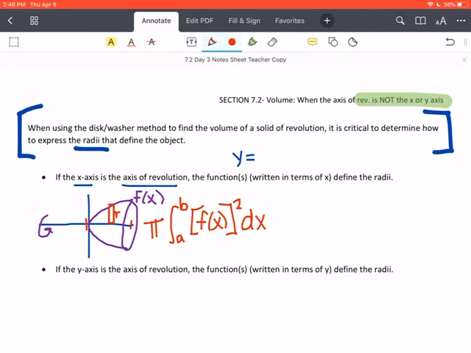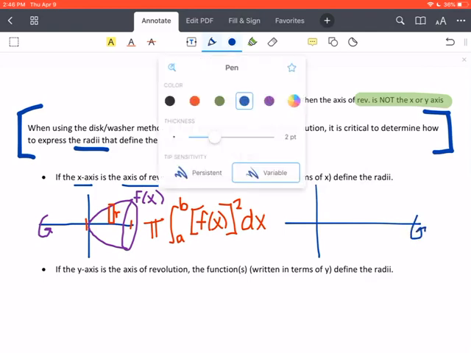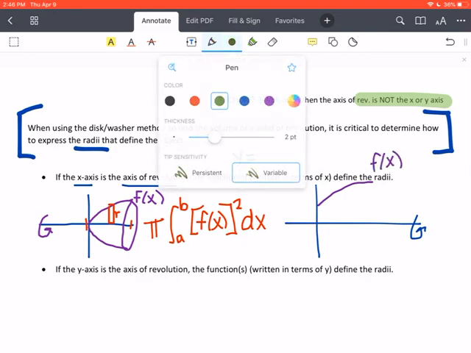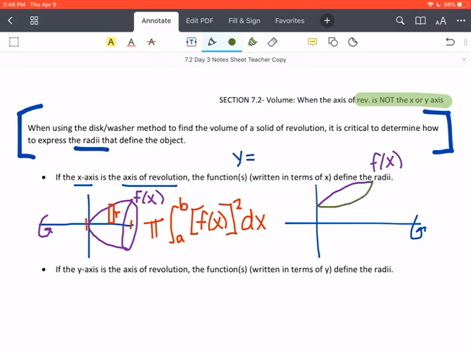Okay, but then the other case in this situation is we have our xy axis. We're still rotating around the x-axis. But now we have 2 functions, and we'll call this first function f of x, and then we have a second function that we can call g of x.